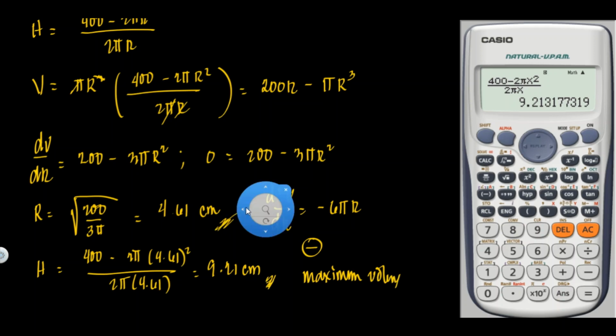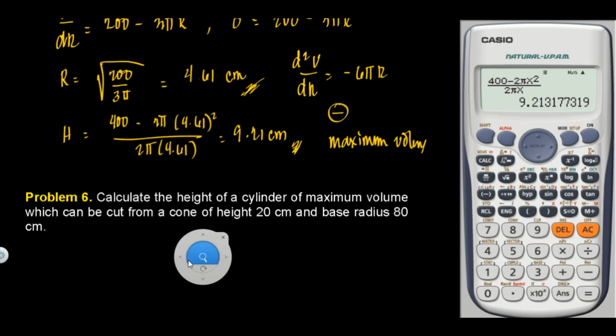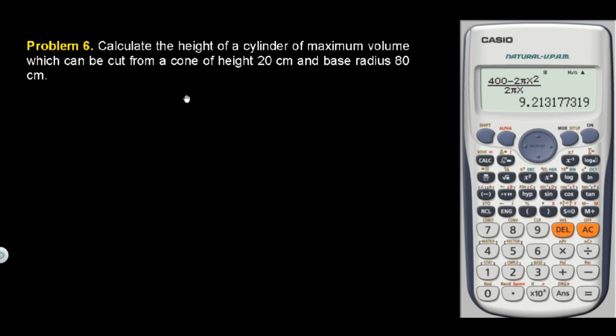Okay? Yes. Okay, number 6. Calculate the height of a cylinder of maximum volume which can be cut from a cone of height 200 cm and base radius 80 cm.